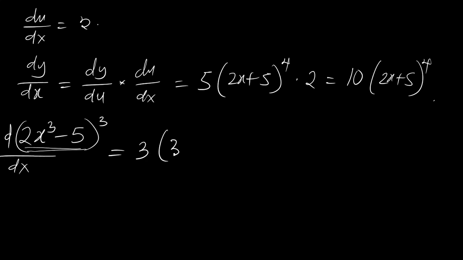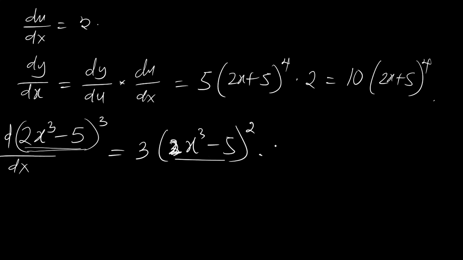into (2x cubed minus 5), keeping the one inside the bracket the same because you are differentiating with respect to the function inside the bracket. Then you subtract 1 from the exponent, times the derivative of the inside with respect to x.